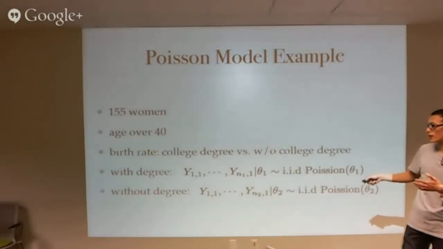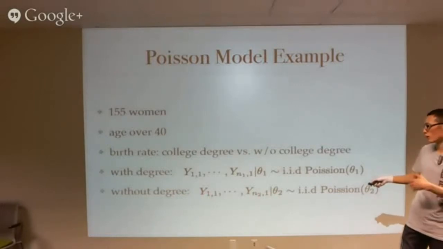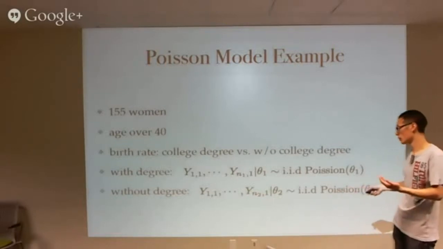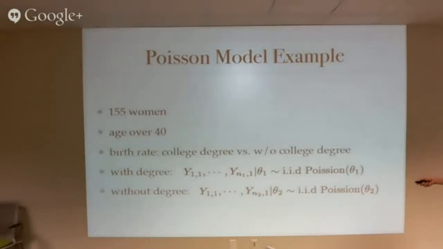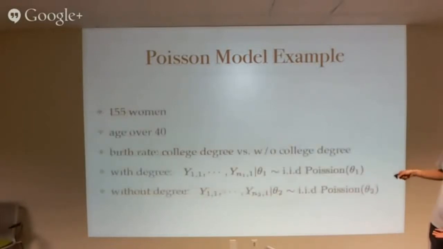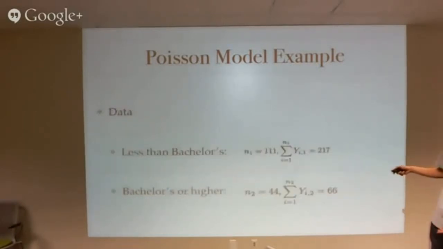And for those without the degree, we use y12 to yn2,2, that means there are n2 women who don't have the degree. So they all follow the Poisson distribution, and the first one has parameter theta 1, and the second one has parameter theta 2. And then we can change the data to this form.